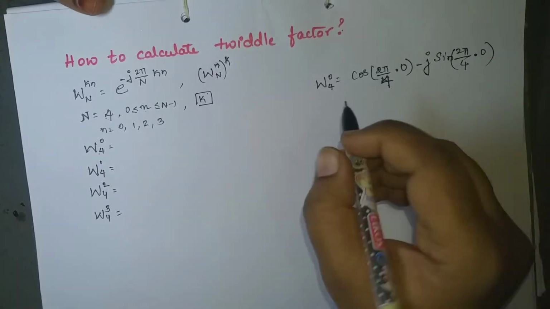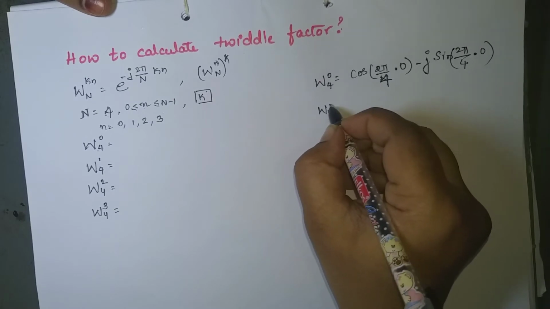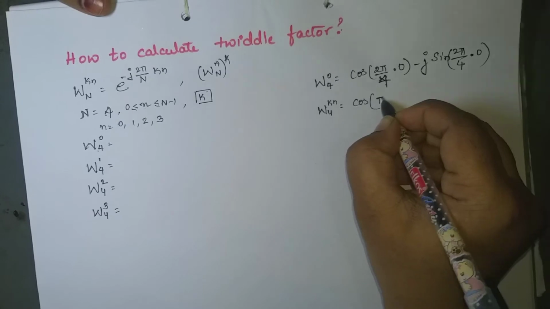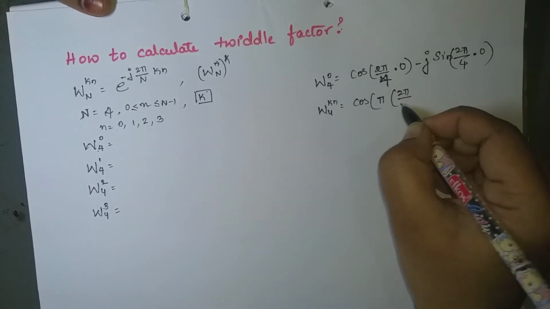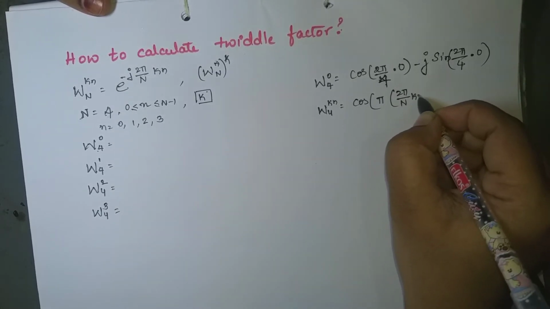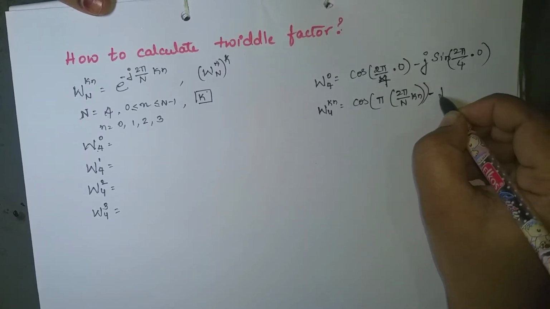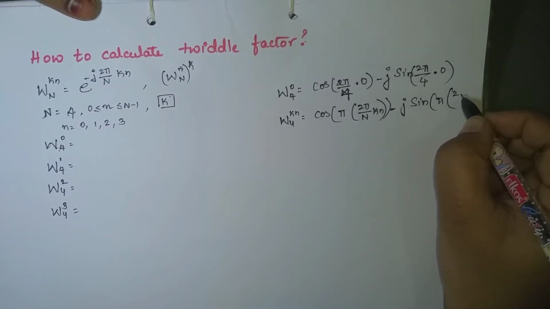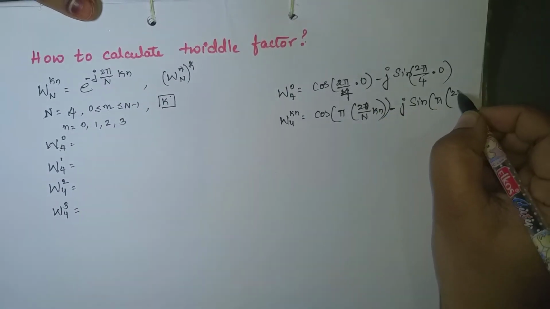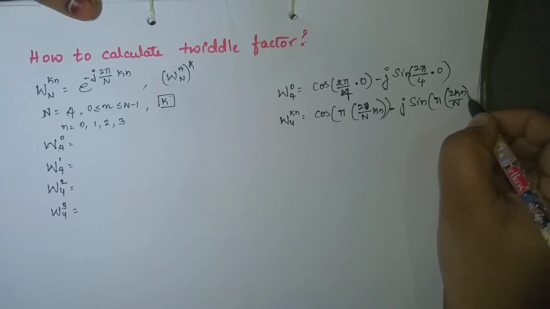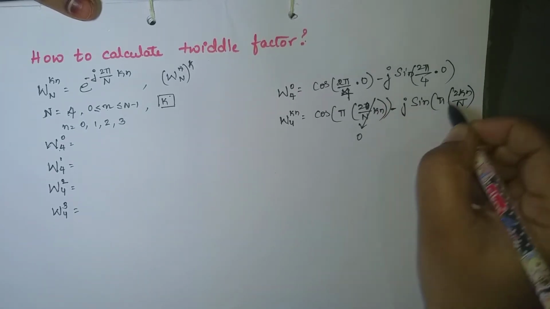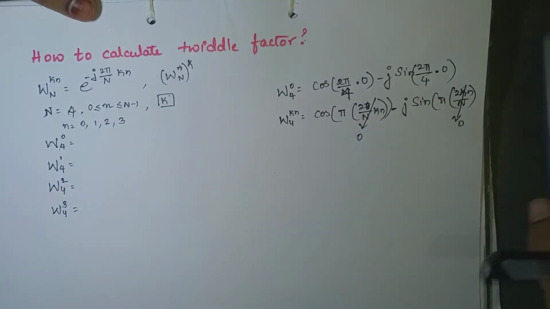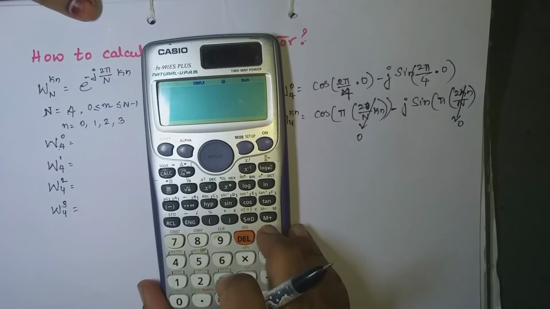Or in general, W4^{kn} is nothing but cos of 2 pi by N into kn minus j into sine of 2 pi kn divided by N. Now this complete thing is 0 in the above problem, right? So now I need to calculate it. How do I calculate it?